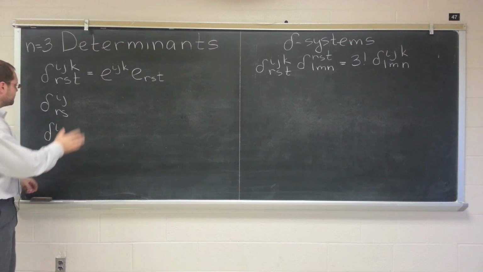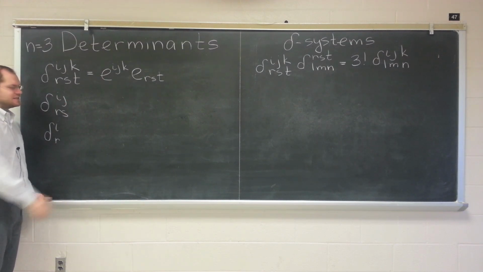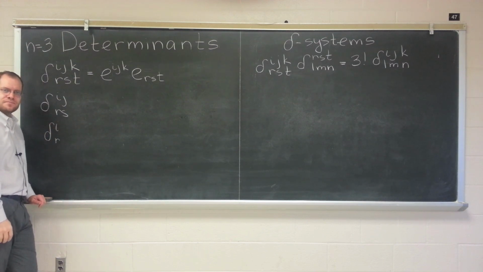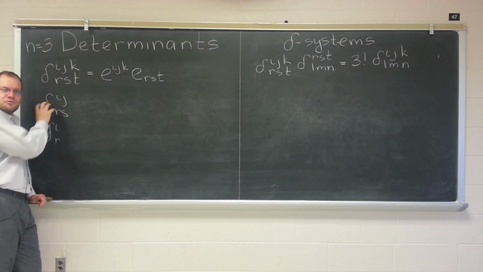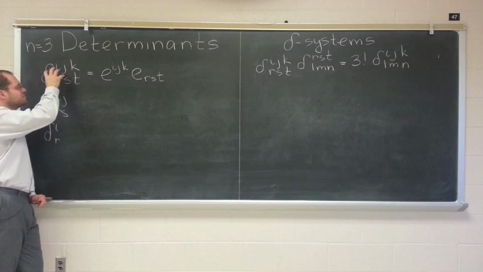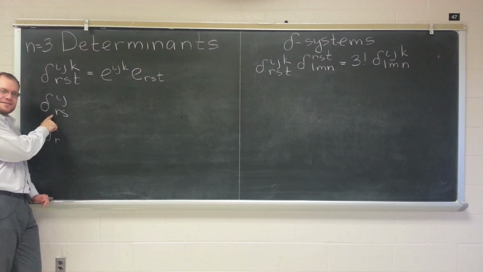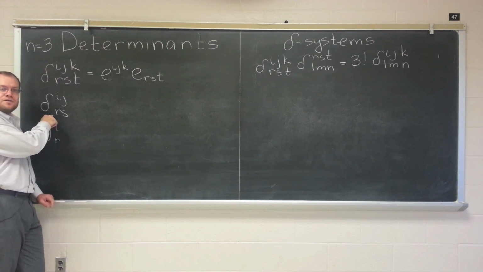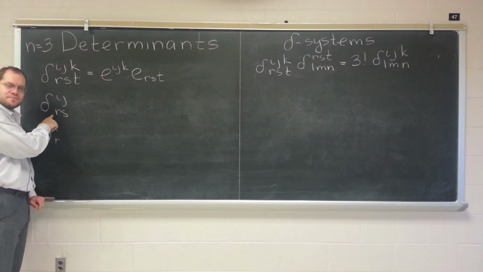Okay. So now let me give you the definition of the general delta system. This is the full delta system. This is the Kronecker delta system. And let me give the definition for this one, and you will realize that it applies to this Kronecker system, to this Kronecker delta, and this full delta system. So a delta system can have one of three values: 0, -1, and 1.